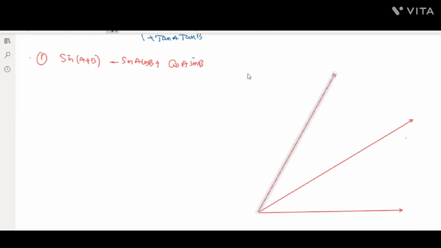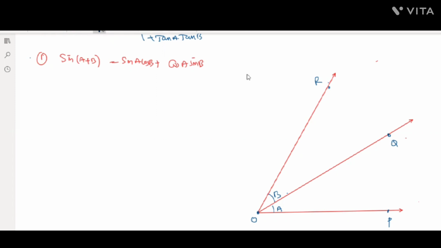Let's think this is the vertex where the angles are forming, and this is the angle A, and this is the angle B between these two. So let's think this is the OP ray, this is the OQ ray, and this is the OR ray.